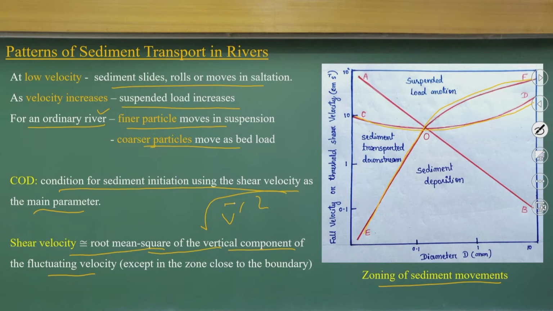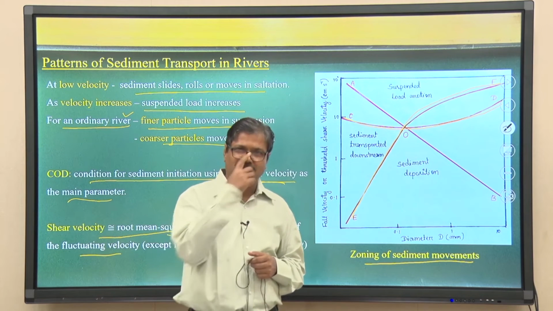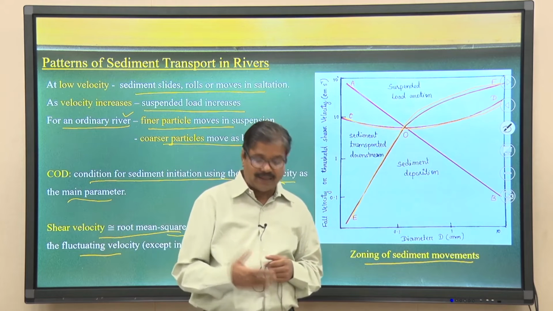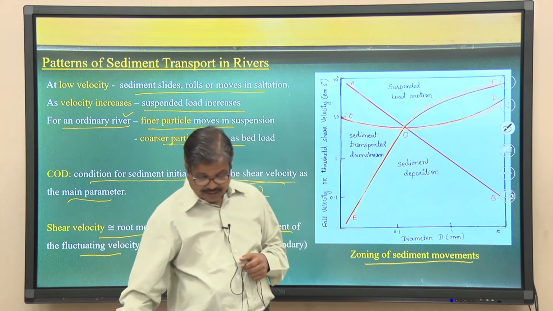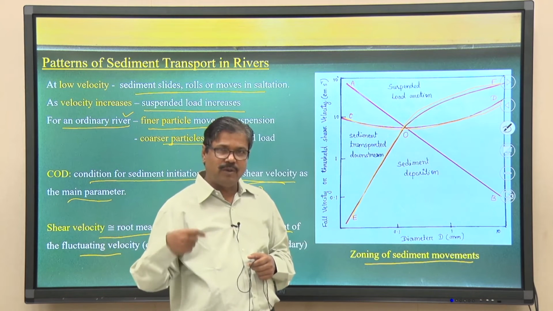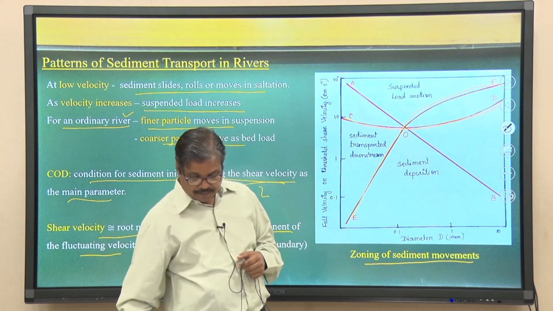So, if you are interested in turbulence, this is the shear velocity because of the fluctuating velocity component in the vertical direction.